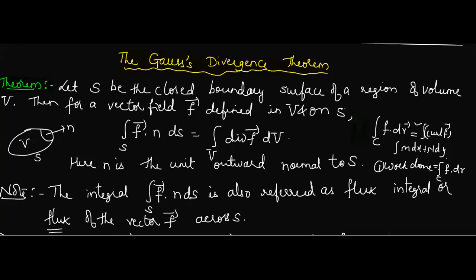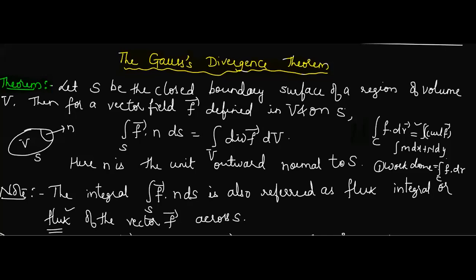This is one application. In the syllabus, they have mentioned one more application as flux. So if you take the integral F dot n ds over the surface S, this is referred to as flux integral. Are you getting the change? Till now they have asked in only one exam about finding the flux. So finding flux means you have to take the help of divergence theorem.